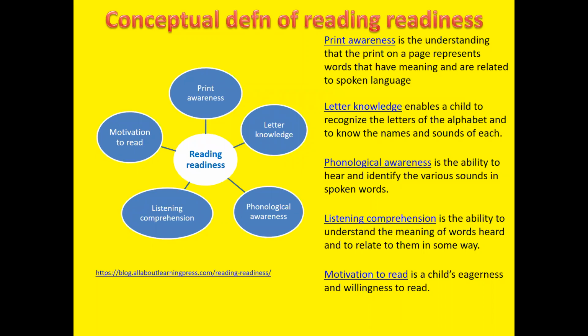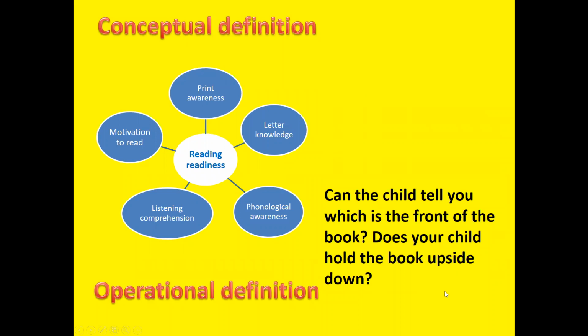Now I'm going to give you the operational definition and get you to match them. But this one here, can the child tell you which is the front of the book? Does the child hold the book upside down? This is really the operational definition, but for what?